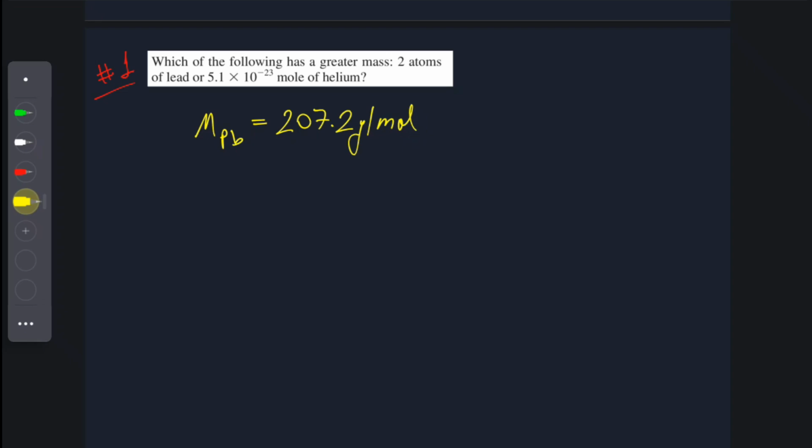And we should also know the molar mass of helium, and it is 4.00003 gram per mole. Okay, and which one is greater mass?